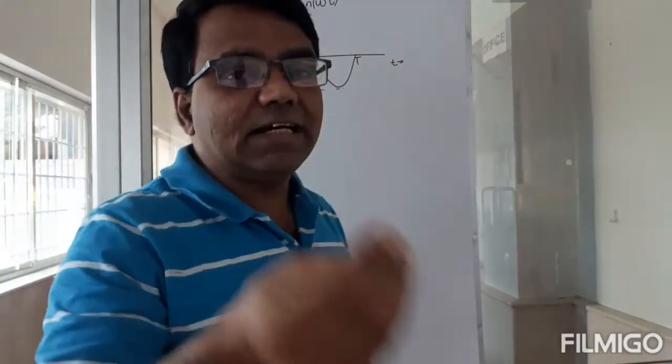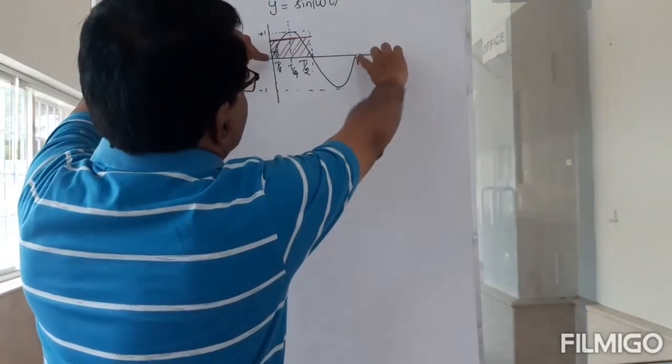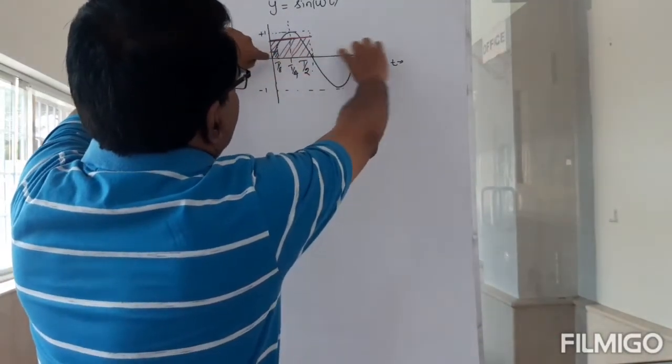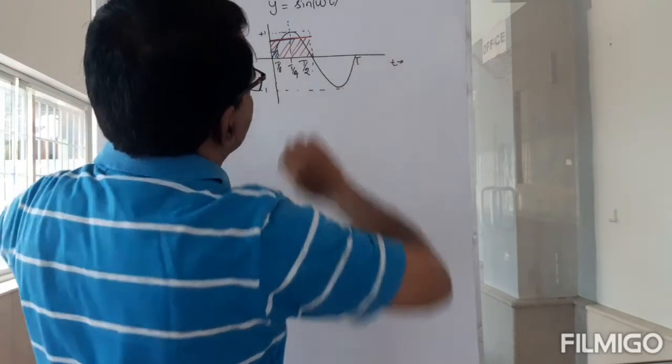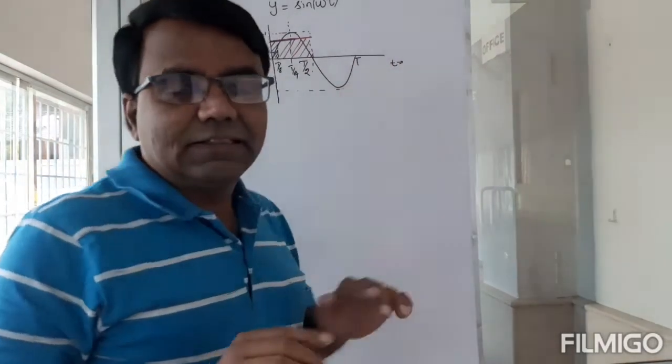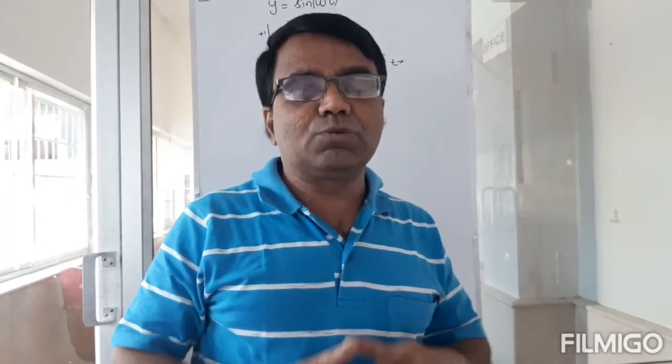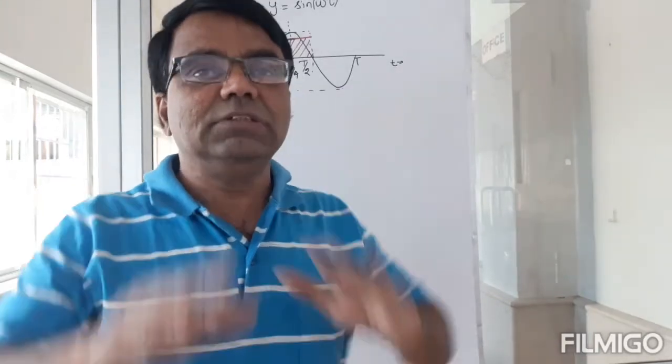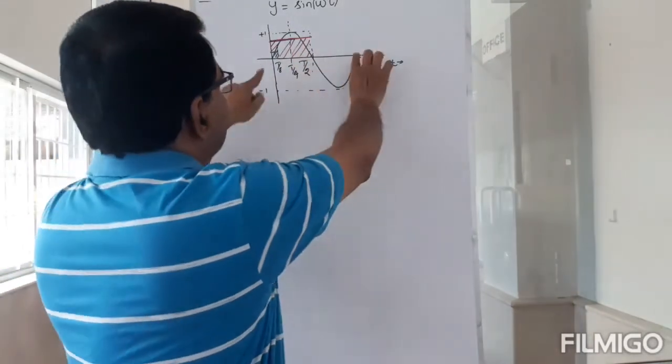If the net area is 0 over this period, or the one complete cycle, then the average value will also be 0. Because what is the average value or the mean value? The area divided by the time.